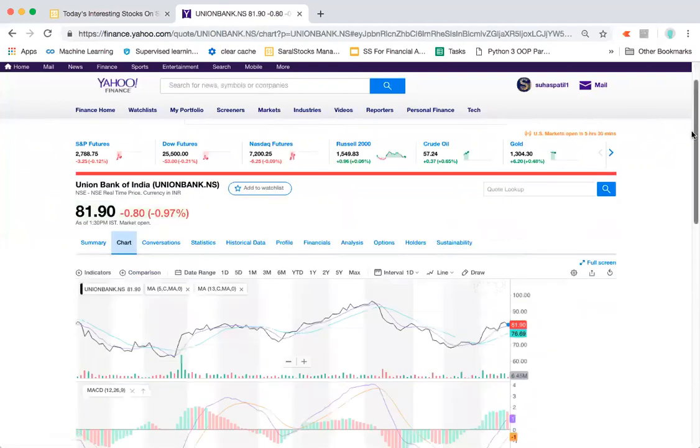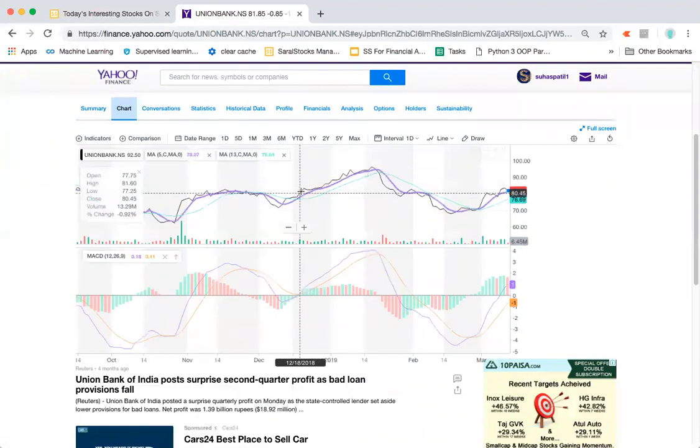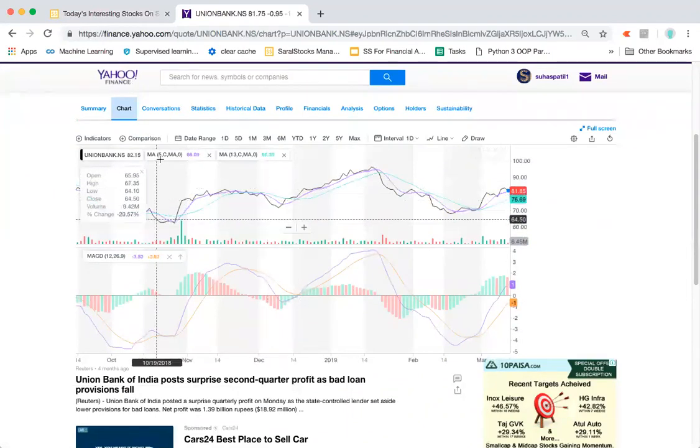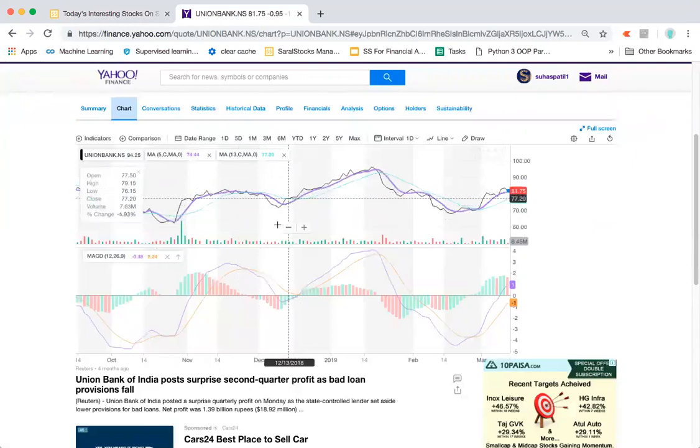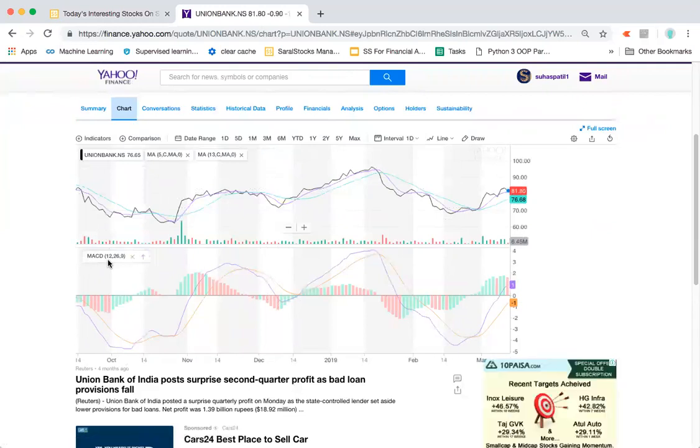And there we are. What we are seeing is the Yahoo chart being rendered with the price, which is in the black color here. Moving averages of 5 days and 13 days superimposed on that. And at the bottom side, we have a MACD indicator with the typical parameters of 12, 26, and 9.